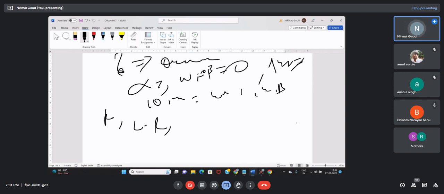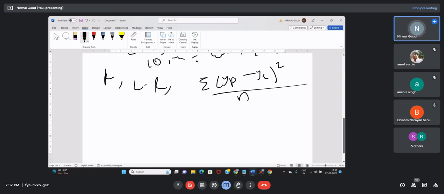In linear regression, if you remember, we were talking about mean square error, the summation of y predicted minus y actual, squared, with the overall mean over n. And we calculated the derivative of this particular thing.